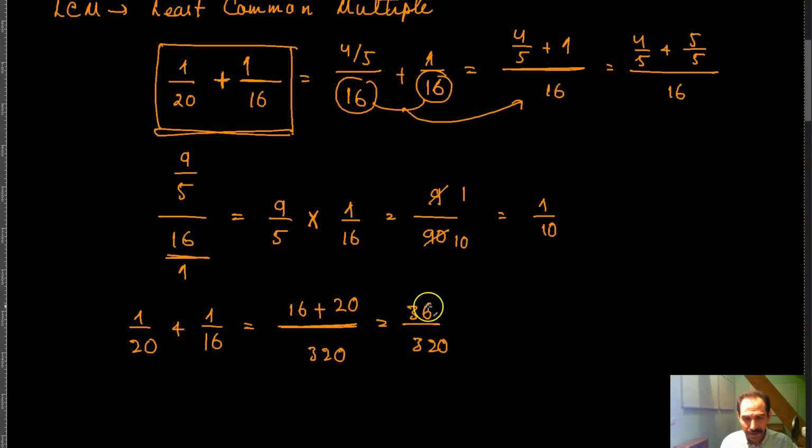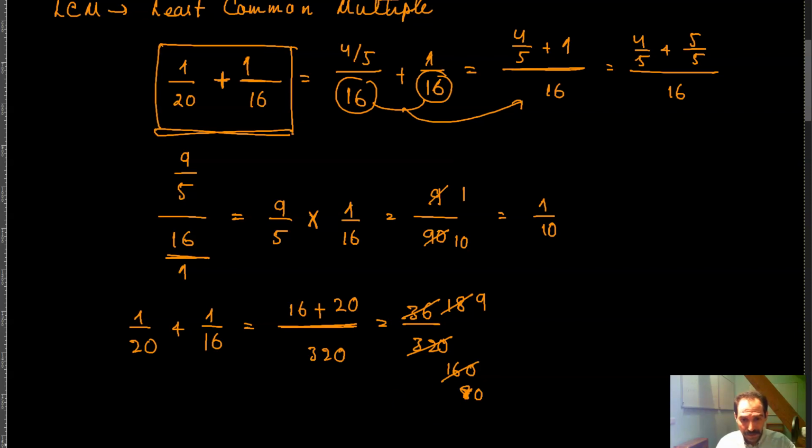For example, 36 divided by 2 is equal to 18, 320 divided by 2 is equal to 160, divide by 9, divide by 280, and divide by... there must be something wrong here, I suppose. Or maybe I have made a mistake here, probably somewhere over here.